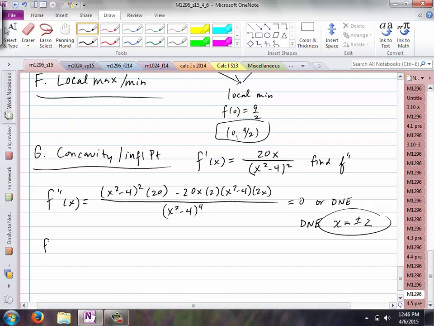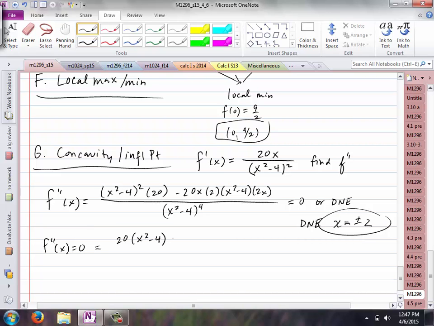Where the second derivative equals 0 is going to be kind of similar, except we got a slightly more difficult function here. But let's do this the way we did before, and notice what can you factor out of the whole thing? What's a GCF as it's written? Okay, 20 for example. What else? x squared minus 4.